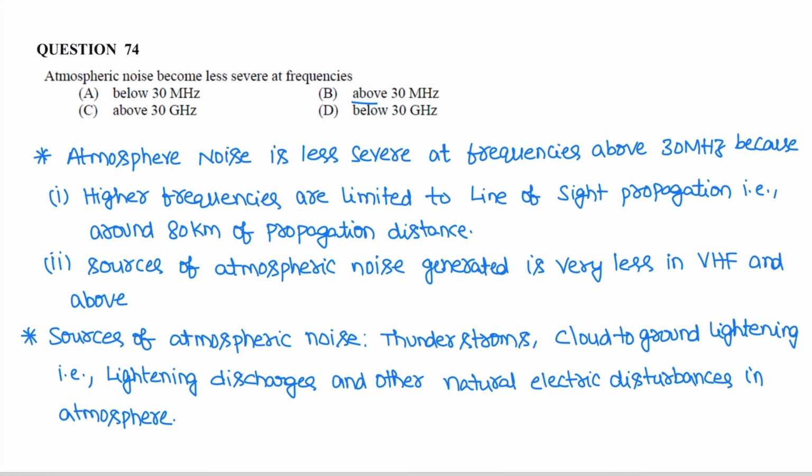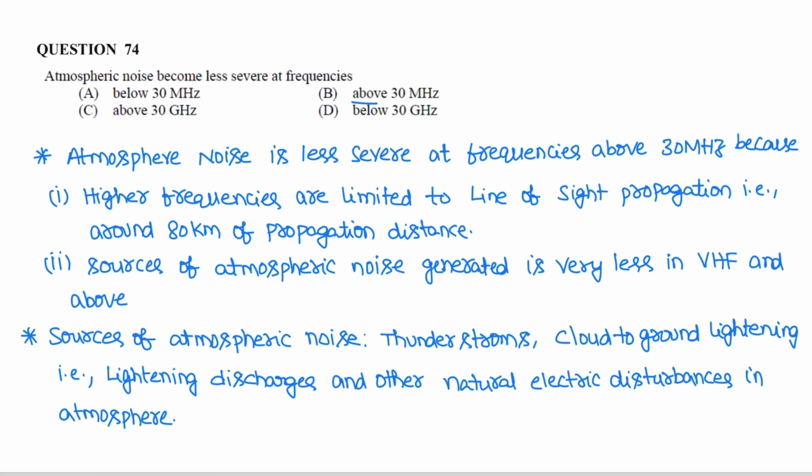There are two reasons. One, these higher frequencies are limited to line of sight propagation, around 80 kilometers of propagation distance, and two, the sources of atmospheric noise are very few in VHF and above. The different sources of atmospheric noise are thunderstorms, cloud to ground lightning, that is lightning discharges, and other natural electric disturbances in the atmosphere.